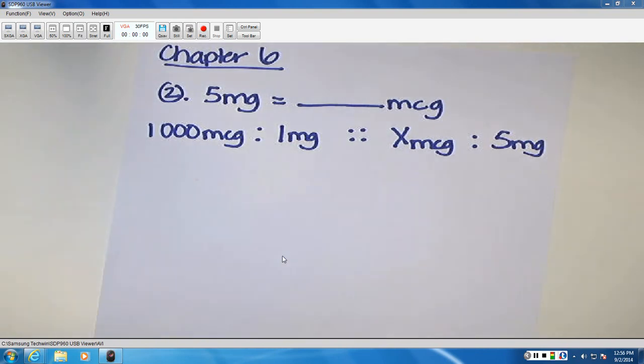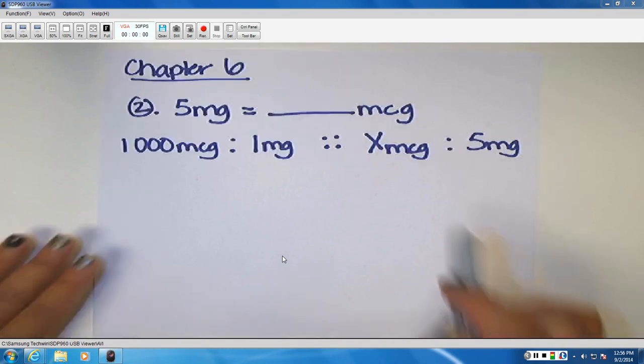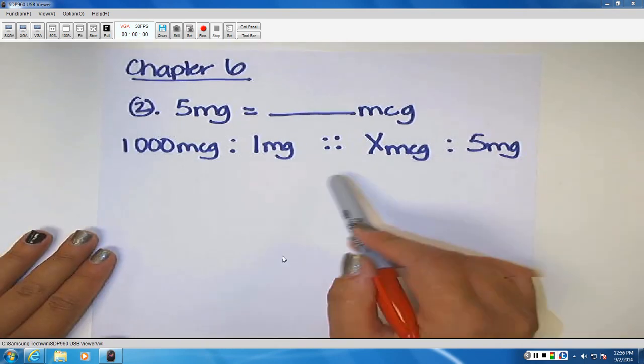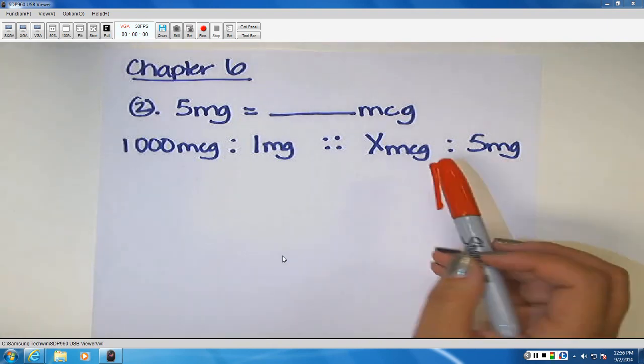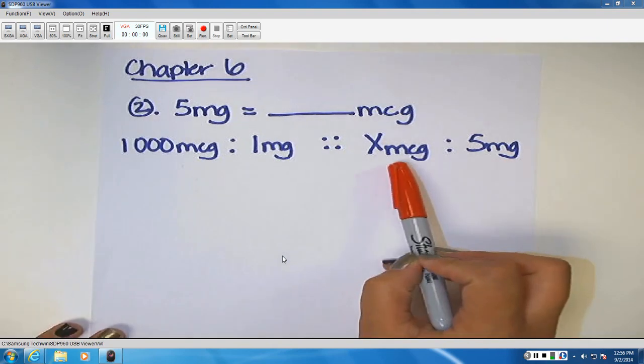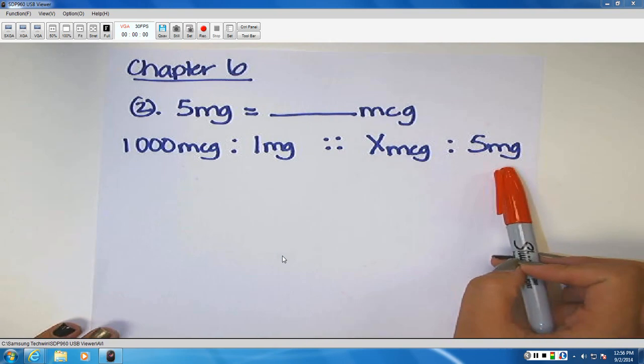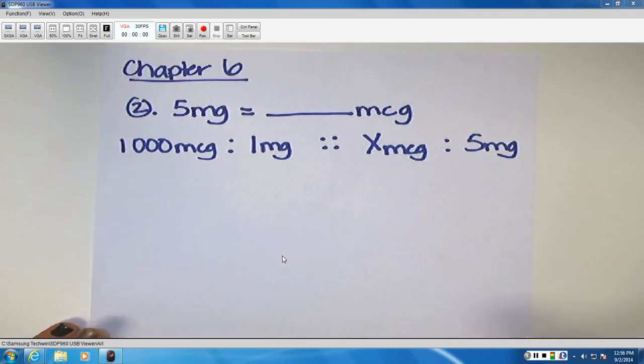I know that 1,000 micrograms equals 1 milligram. What you place on the right side of the proportion is what is unknown, or what you want to identify. Here I want to know how many micrograms equals 5 milligrams. And so I set up my equation just like that.